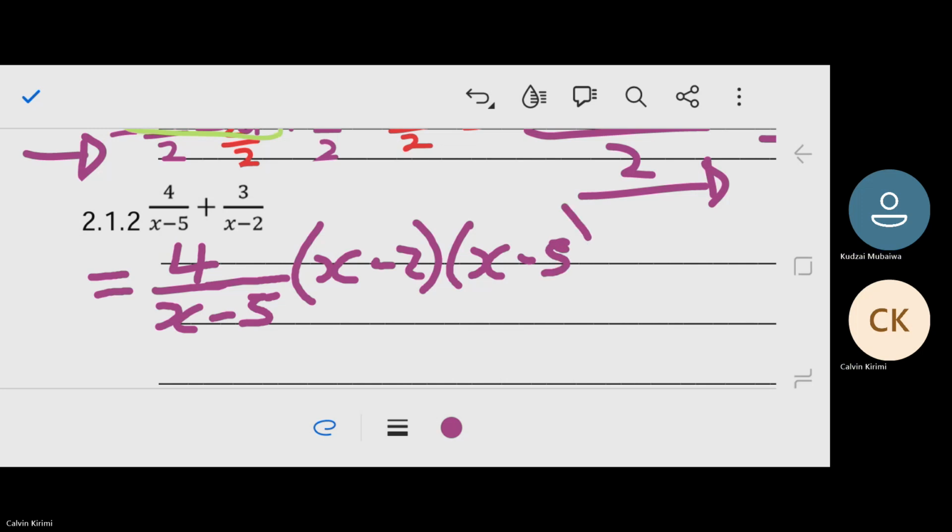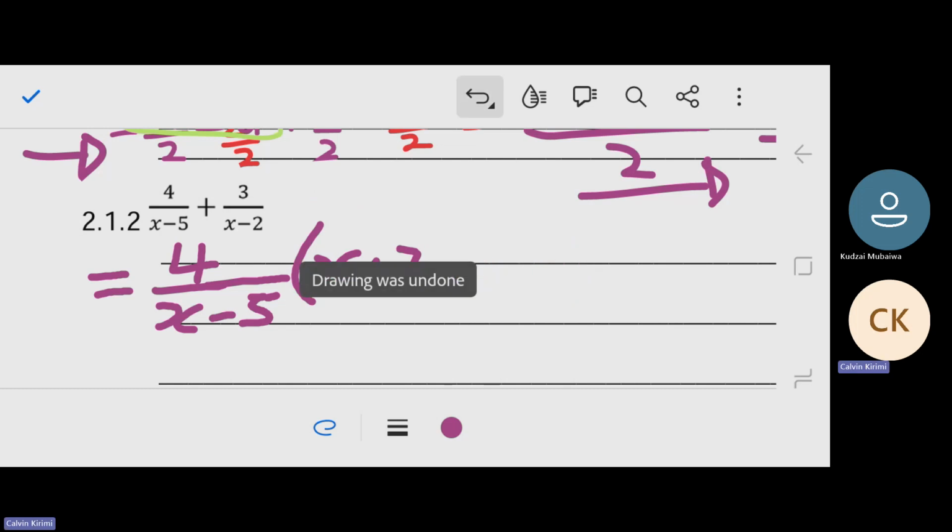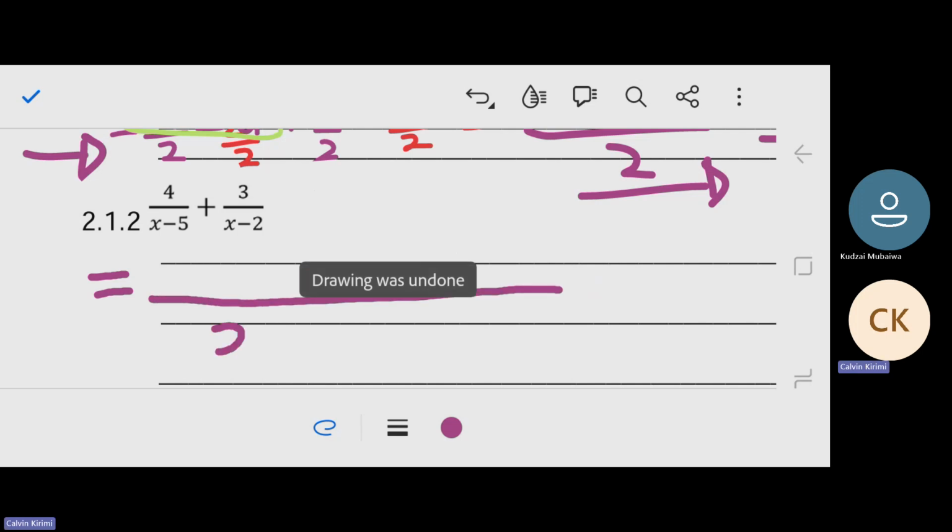But sir, this is not equal to something, isn't it? Yes, sir. Then you deal with it the way you deal with fractions. If it were equal to something, it would be an equation to solve for x. But here it's a fraction, so we must find the LCM first, which is x minus 5 times x minus 2. This denominator will cancel with this one.